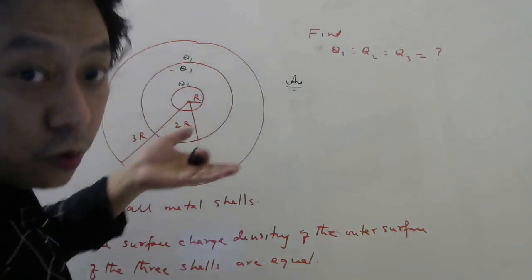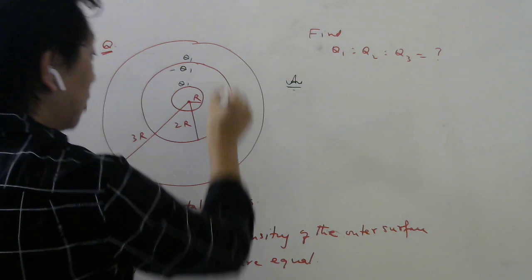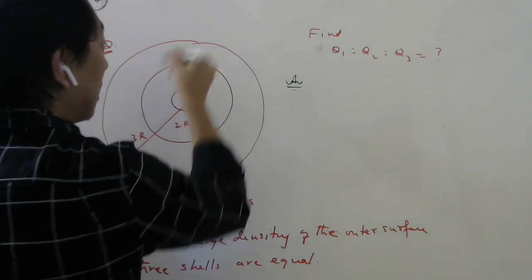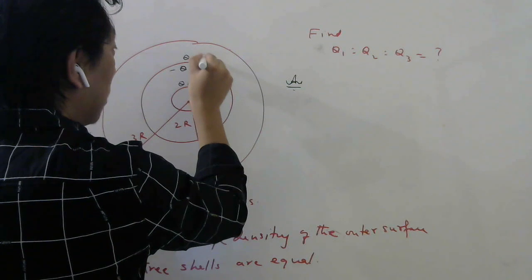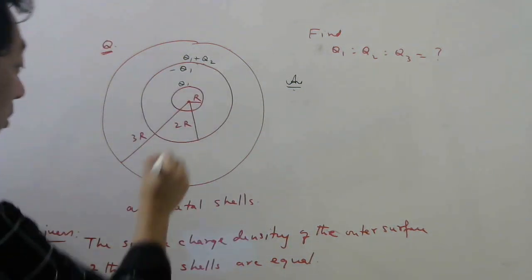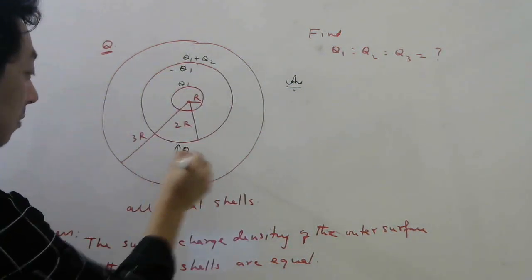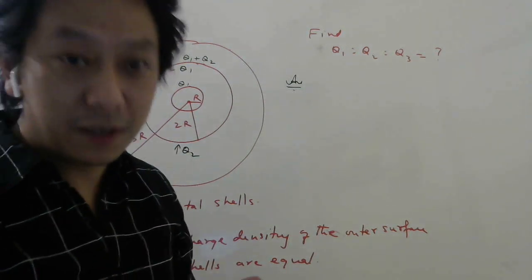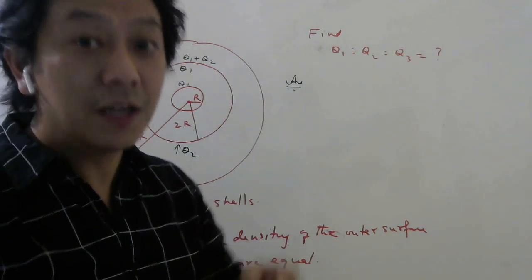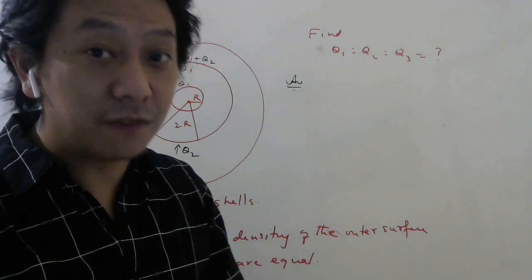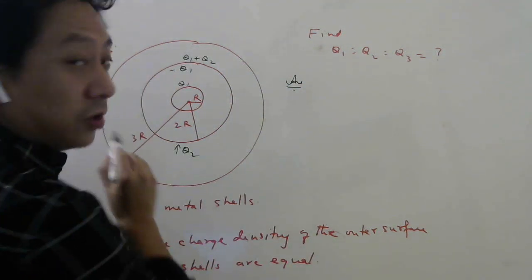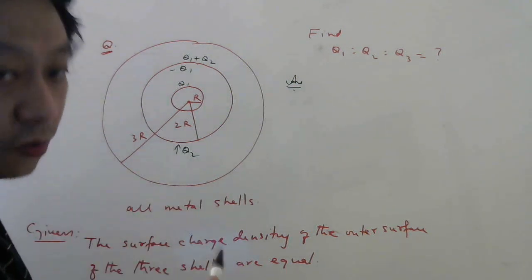But since Q2 was also given, the total charge of this should be Q2. So if inner surface has minus Q1, outer surface should have Q1 plus Q2, because Q2 charge was given to this, remember. So the total charge of this should be Q2 because it is isolated. Yes or no, students? Isolated system means total charge should be conserved before and after. So if it was having charge Q2, now also it should have Q2 only.